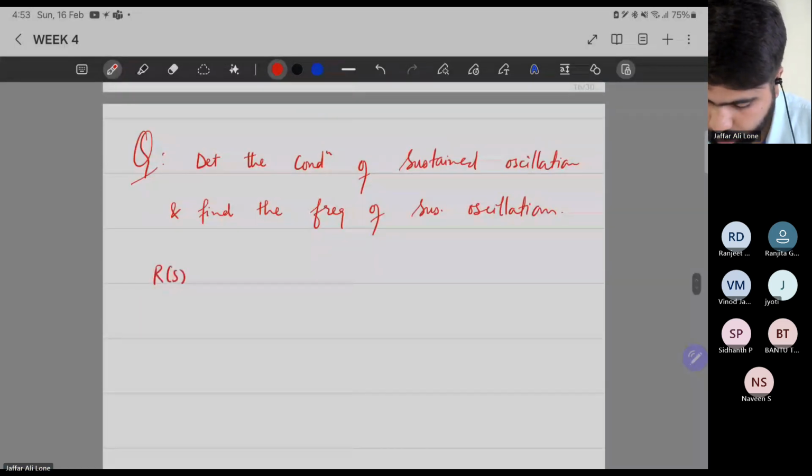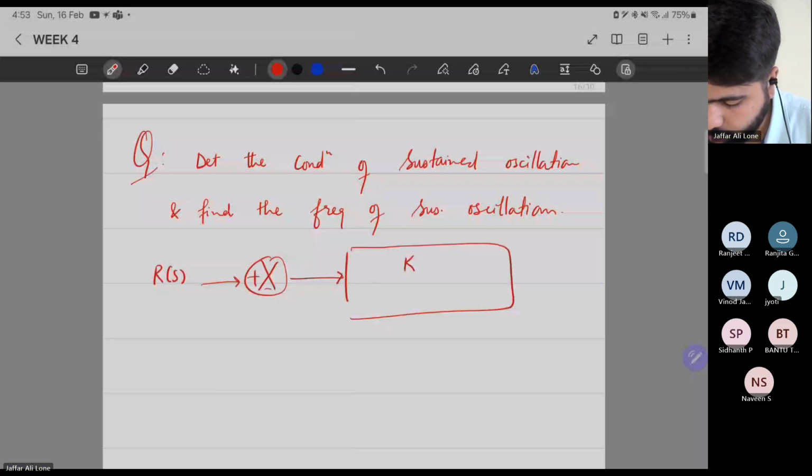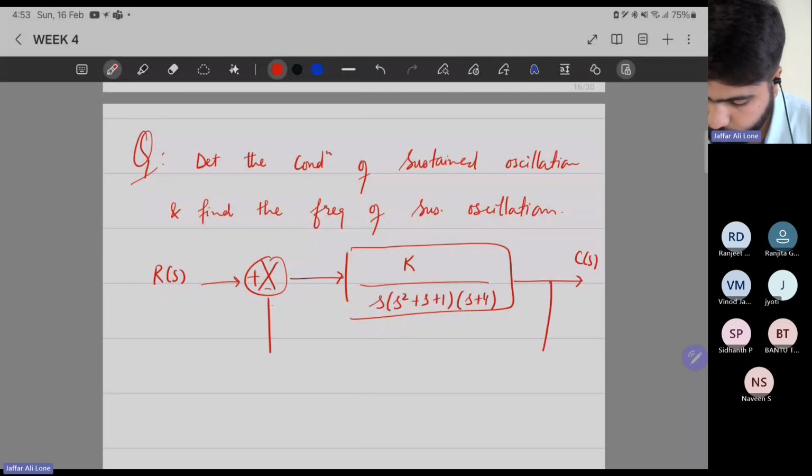So your system is R of S, plus minus, then S into S square plus S plus 1 into S plus 4. This is C of S, and it's a unity feedback.